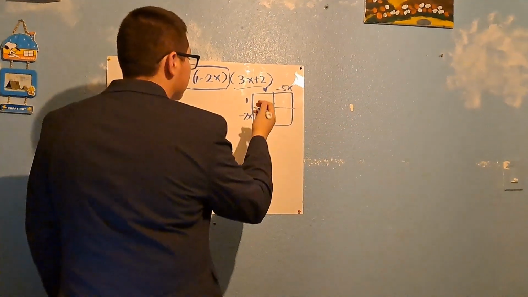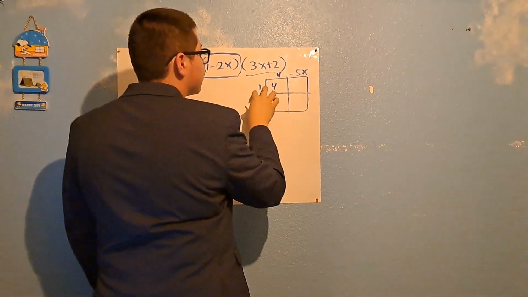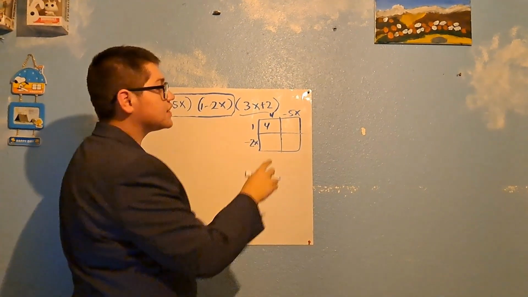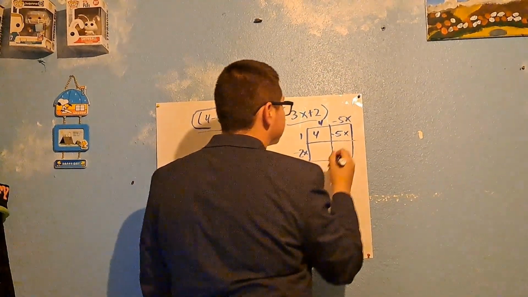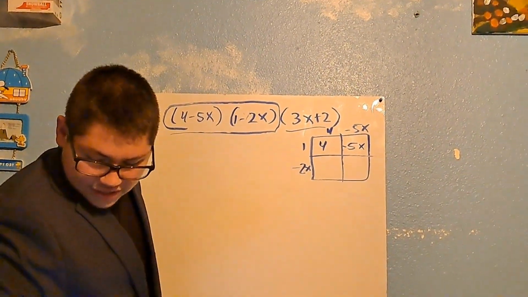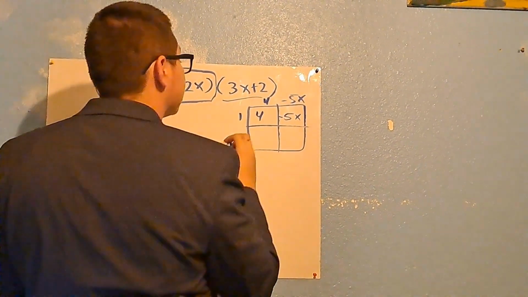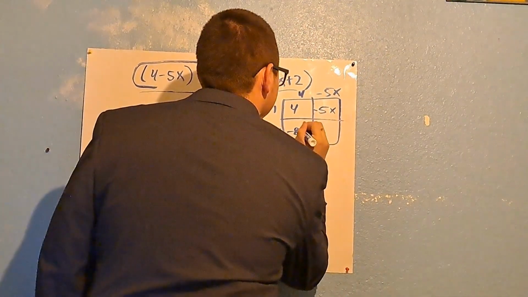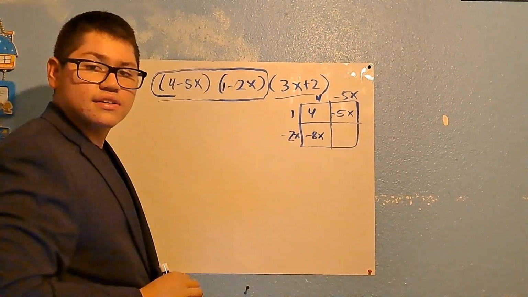So how do we solve this? Well, 1 times 4 is 4. 1 times negative 5, because this is a negative, we'd have to do negative 5x. And negative 2 times 4 would be negative 8x, because we have a negative and a positive.